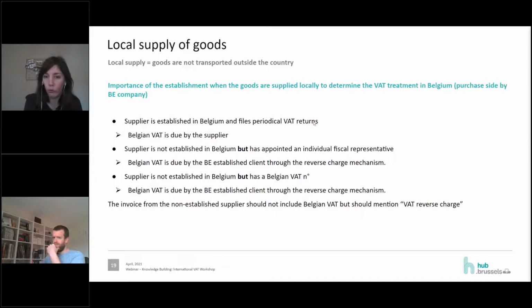And then there are also other types of transaction, depending on whether you are an EU or non-EU established company, and your type of VAT registration, whether a direct VAT registration or a registration via the appointment of a fiscal representative. These can also have an important impact for VAT liability purposes.